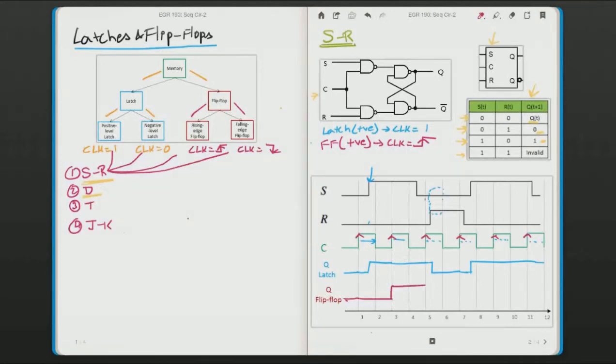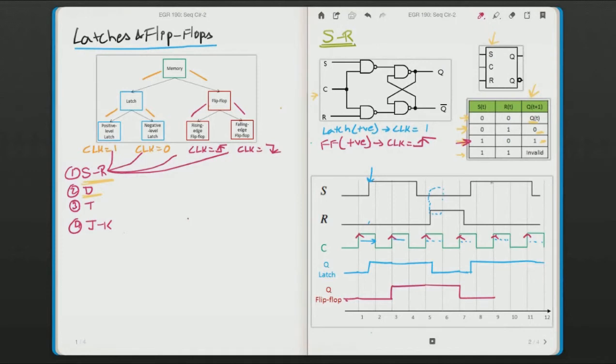At the next stage, my S is 0, R is 0. So retain that till the next value. At this point, S is 0, R is 1. From our truth table here, S is 0, R is 1, my output would be 0. So retain that till the next value.